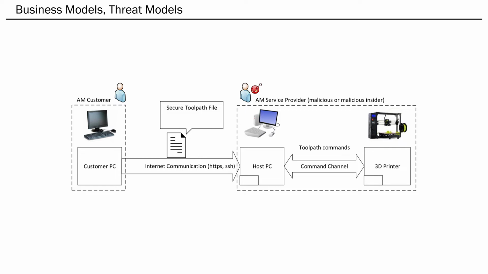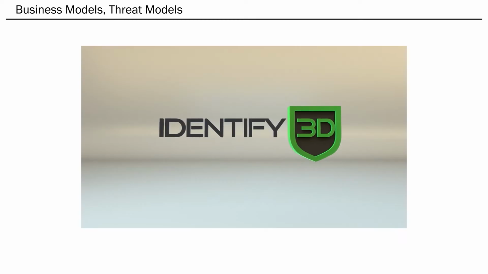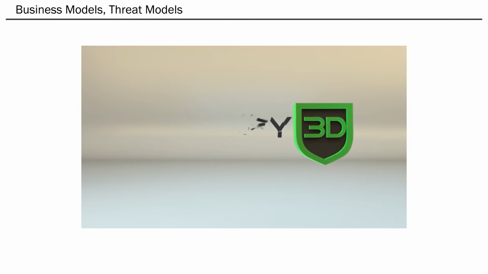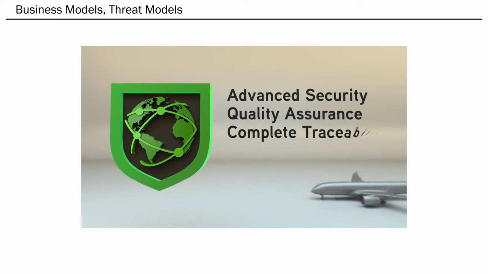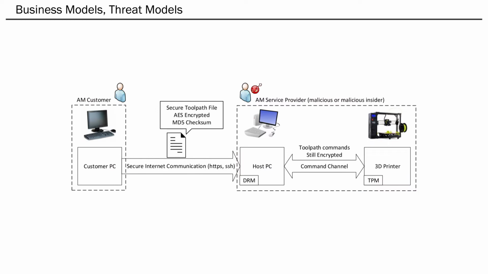Solutions have been proposed in the AM security literature for crypto-heavy, trusted platform module-backed approaches. Some of these have even made it to market. Identify 3D, one such company, has partnered with EOS, a major printer manufacturer, to integrate their system into new EOS printers. I'm going to show you a way around all that encryption, one built into the design principles of 3D printers.